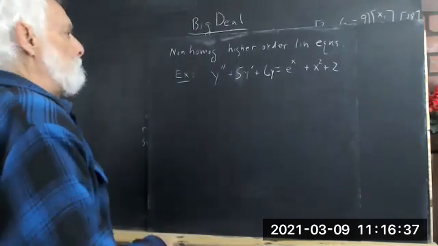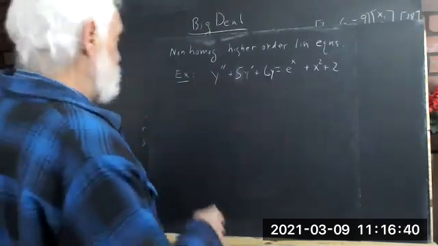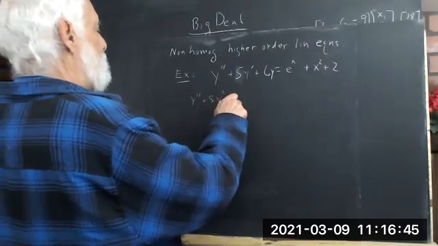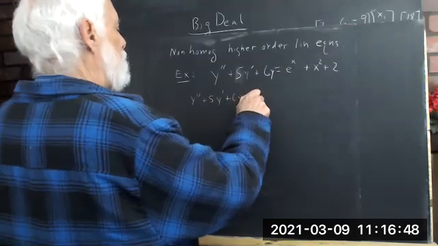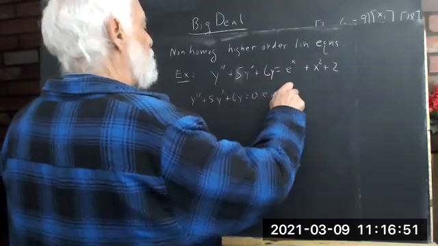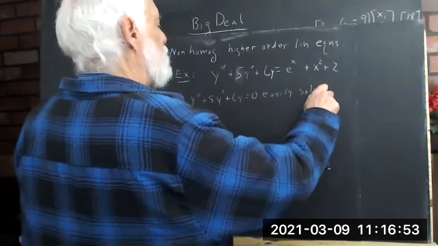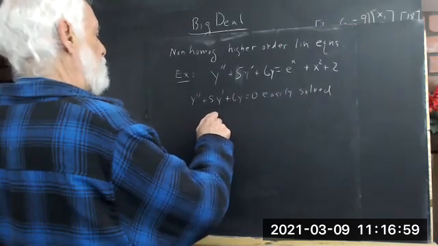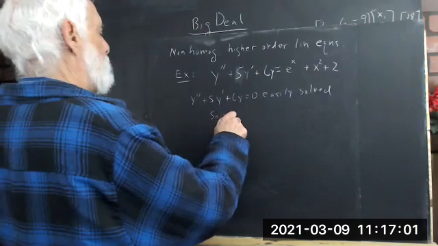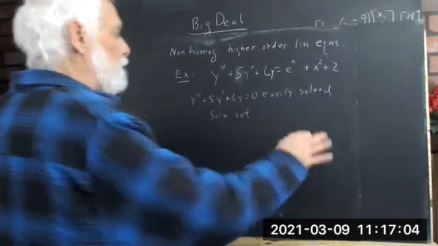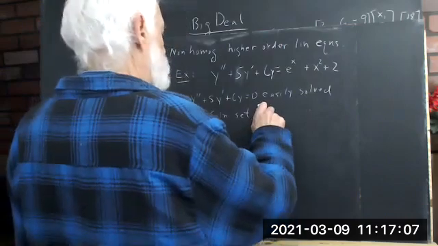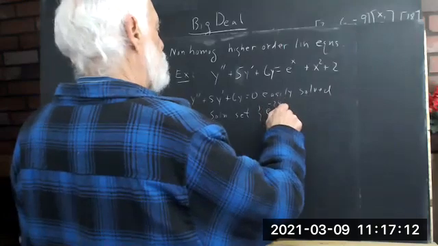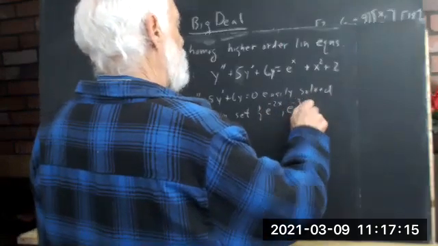Now we can easily solve this. Okay, we get the solution set consisting of e to the negative 2x, e to the negative 3x.